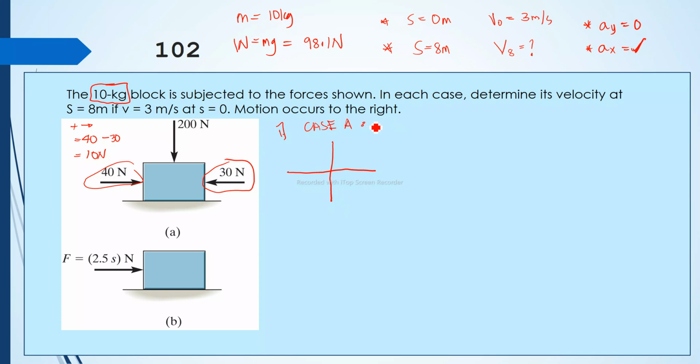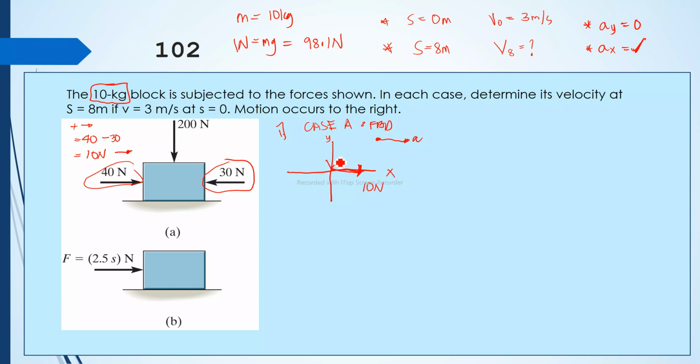So we have the FBD here. This is the X, this is the Y. The motion occurs to the right. So we have here a 10 newton force acting to the right. That is already in consideration of the two opposing forces, 40 newtons and 30 newtons.